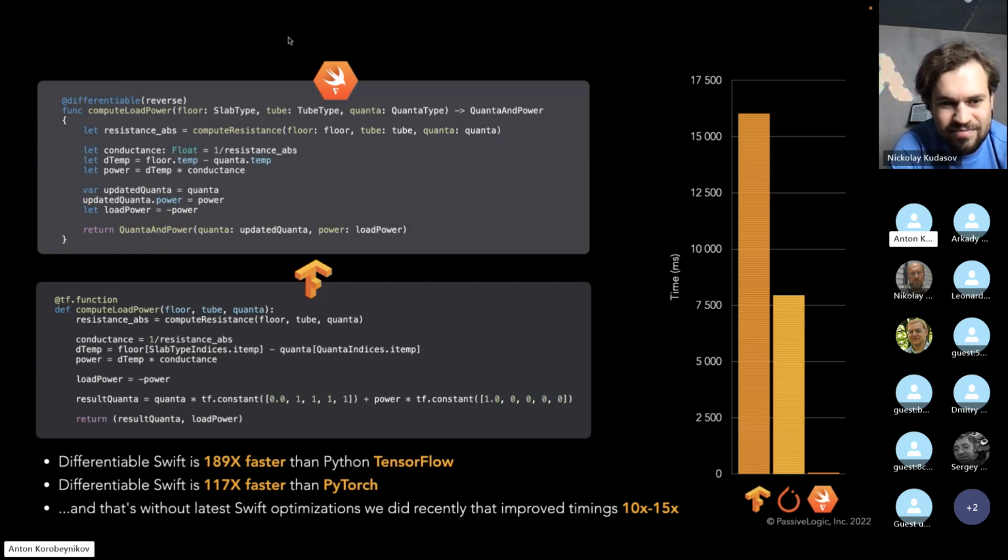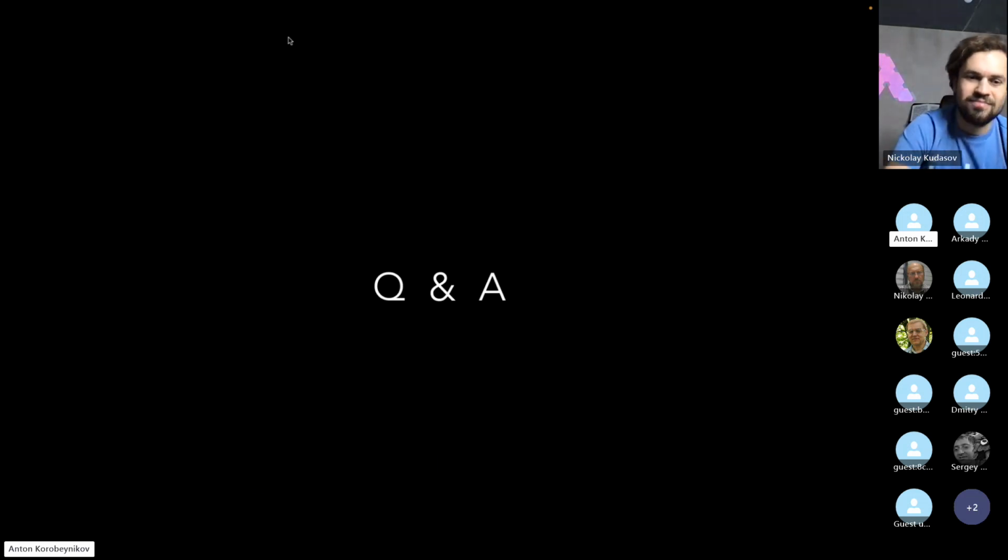That means you could optimize systems with thousands of parameters, including complicated and sophisticated physics models with heat transfer and airflow, and so on. All right, I think my time has run out, and I am open to any questions.